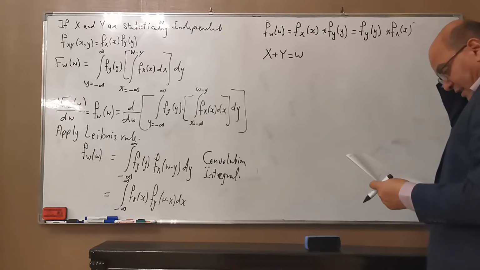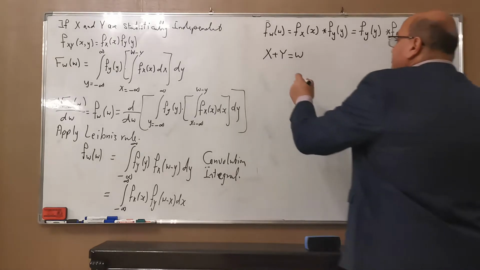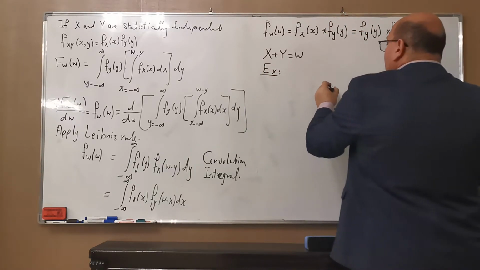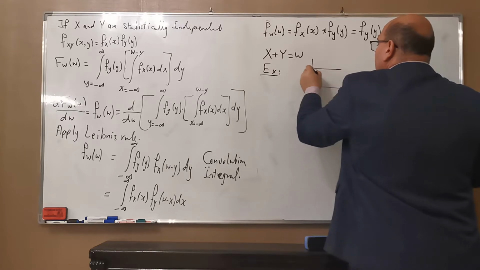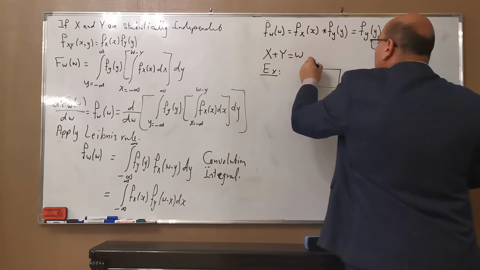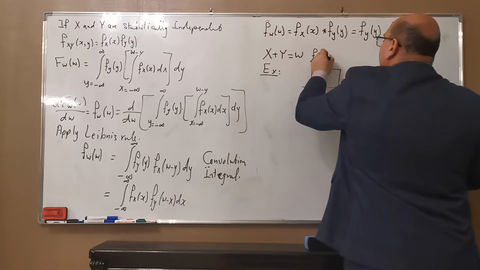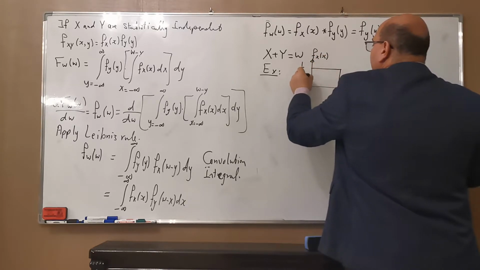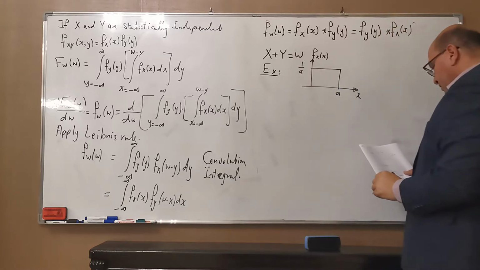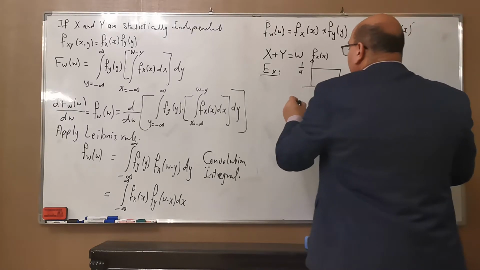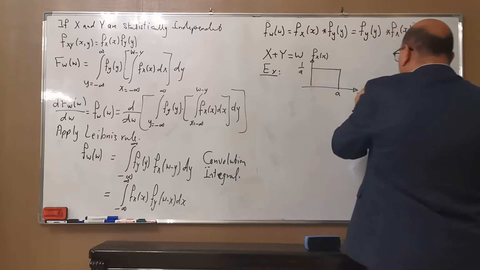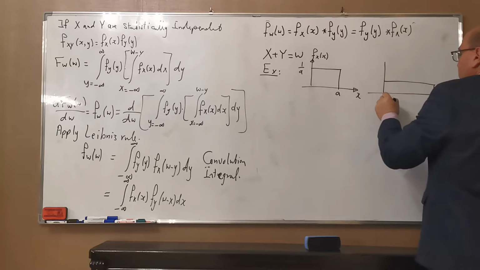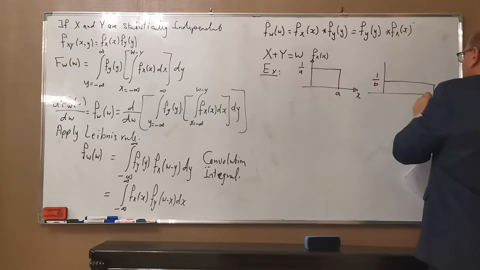Let's do an example. I'm going to have fx of x as a uniform, with height 1 over a. So fx of x is a uniform, and fy of y is also another uniform, with height 1 over b.